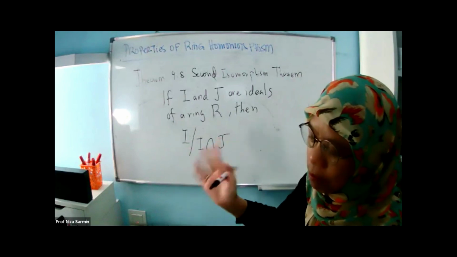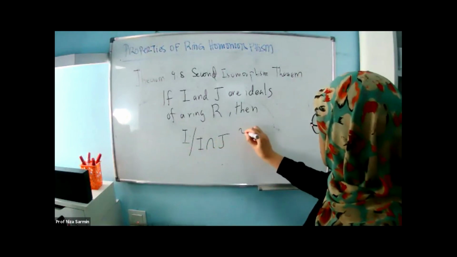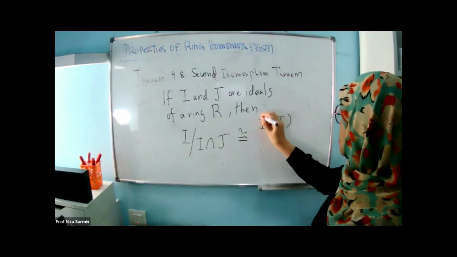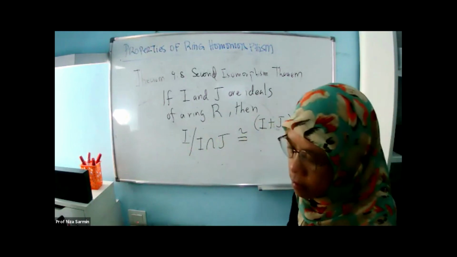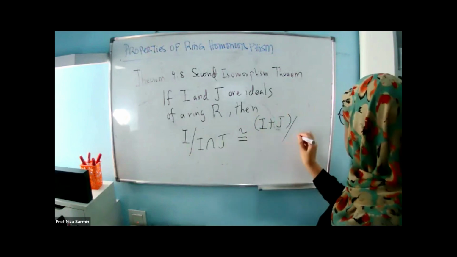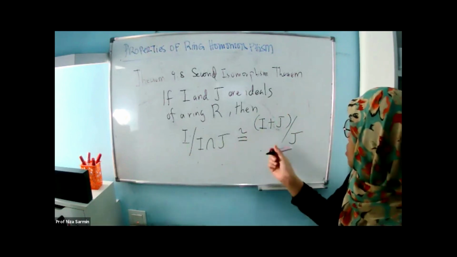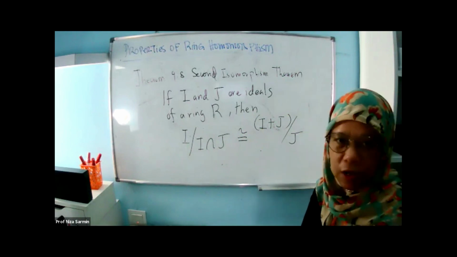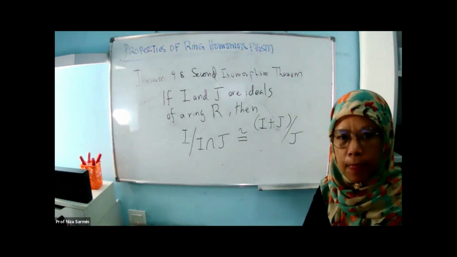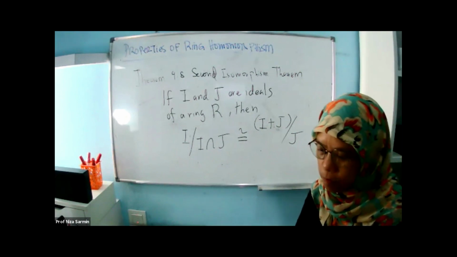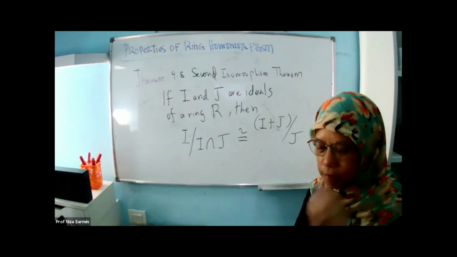So I mod I intersection J is isomorphic to I plus J mod J, or mod I. I think both can be, mod J or mod I.